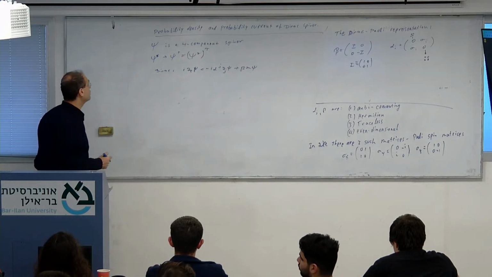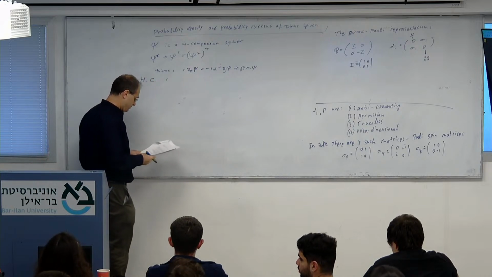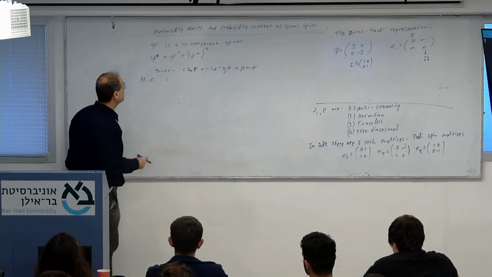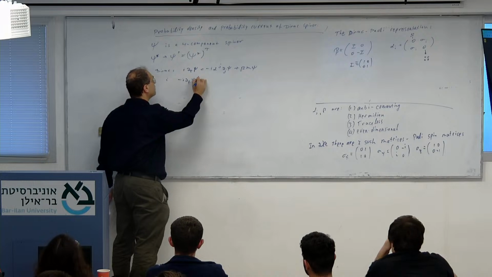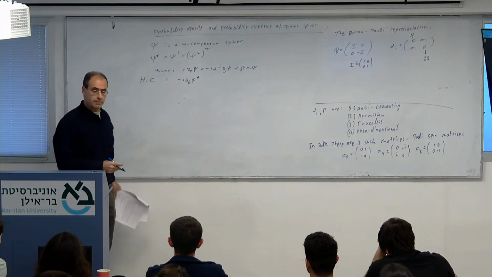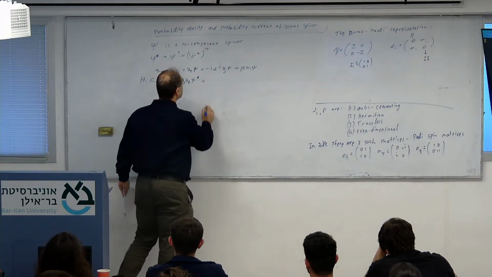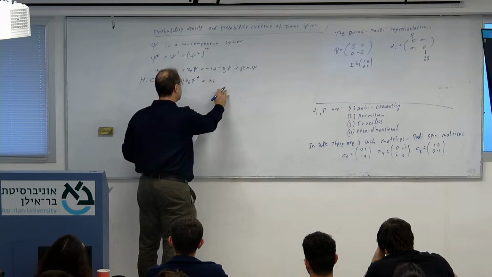Now we take the Hermitian conjugate. What do we get? Minus i d_t psi dagger is equal to what? Plus i.